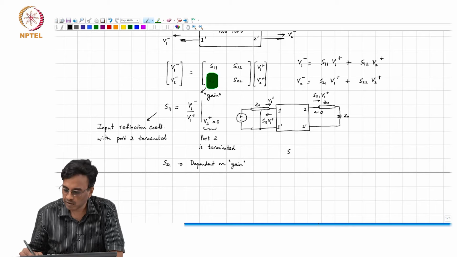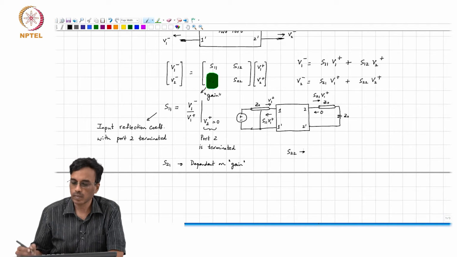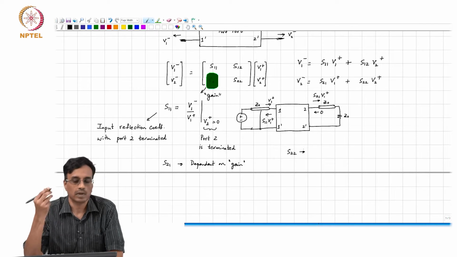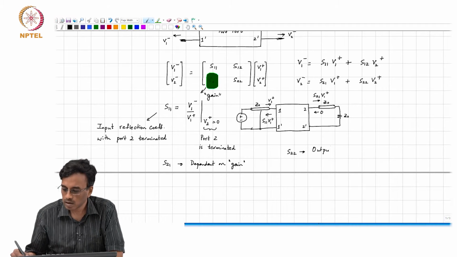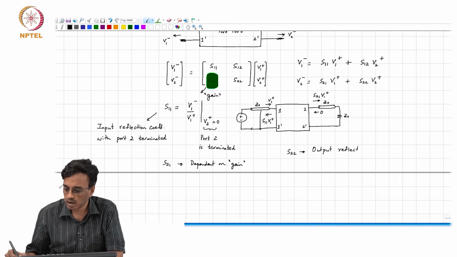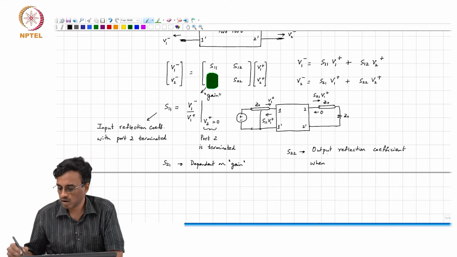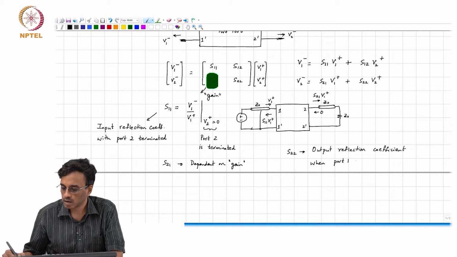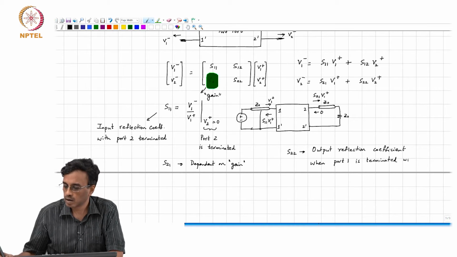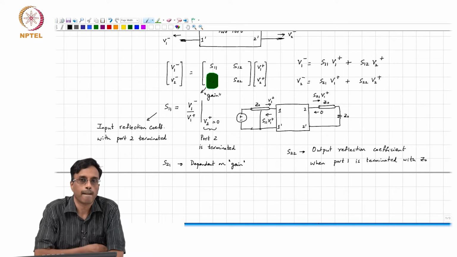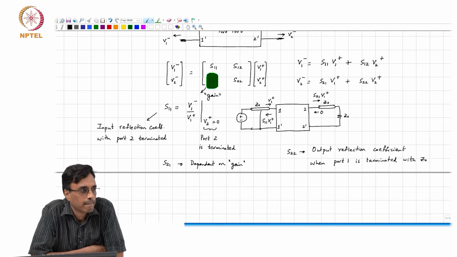Now, likewise, what about S22? It's the output reflection coefficient when port 1 is terminated with Z0. Are they clear, people? All right.